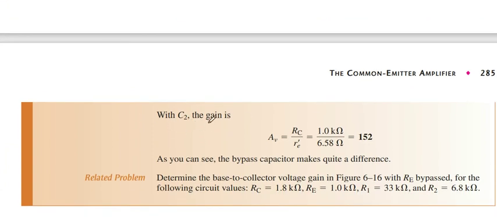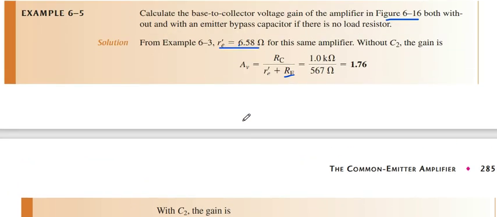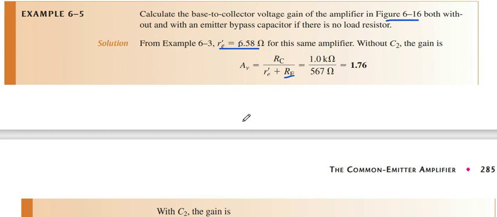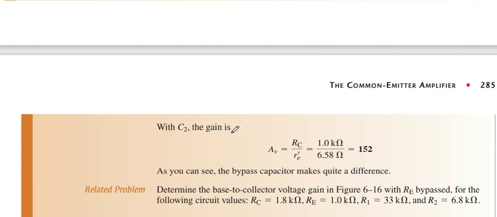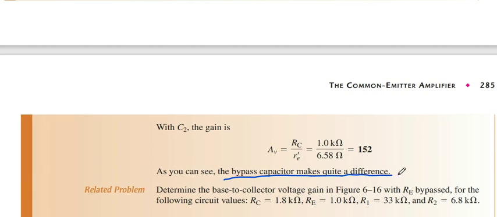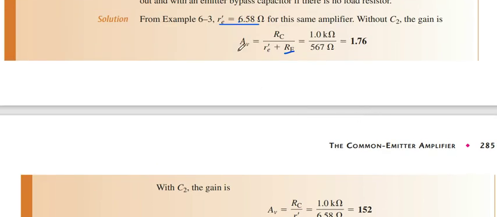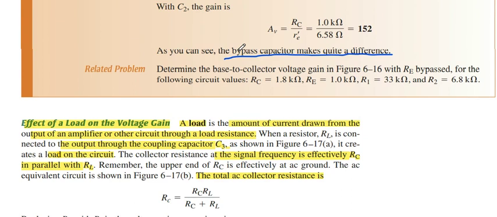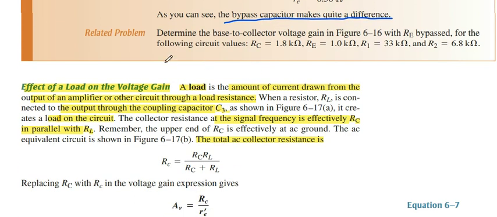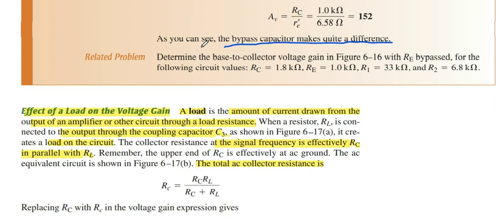With C2, if we use C2, then the gain is about 152. The bypass capacitor gives a huge difference in the voltage gain. You can see it by analyzing the example.